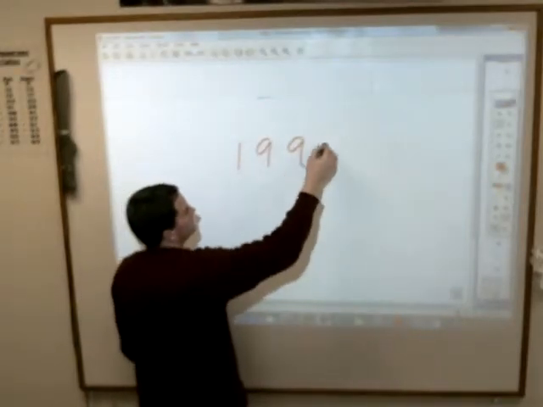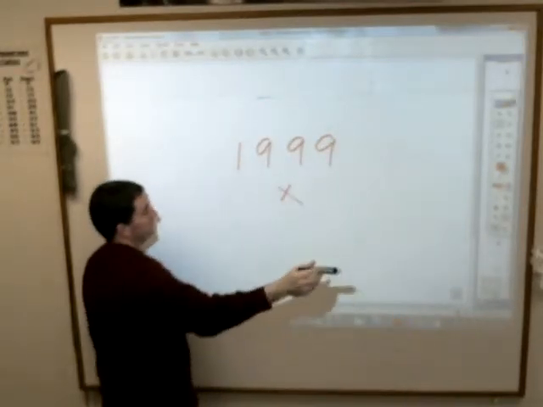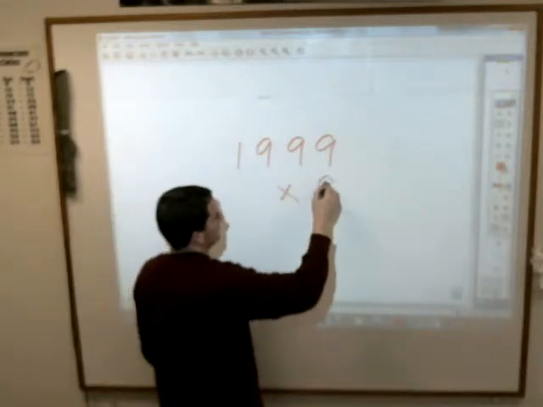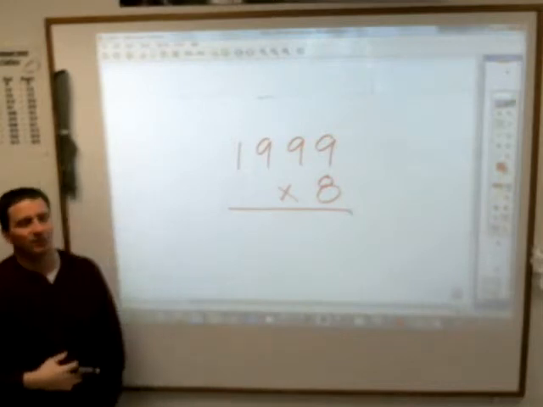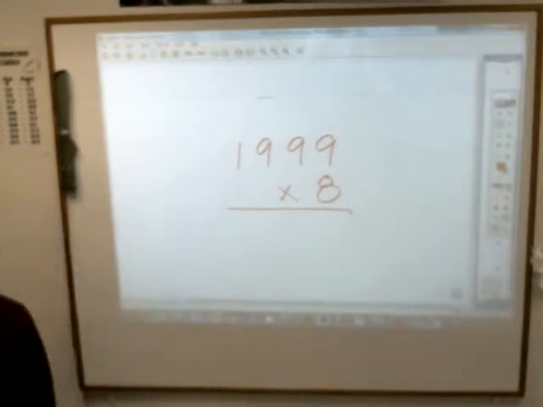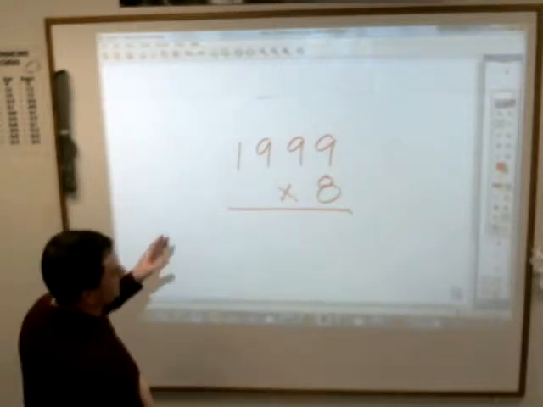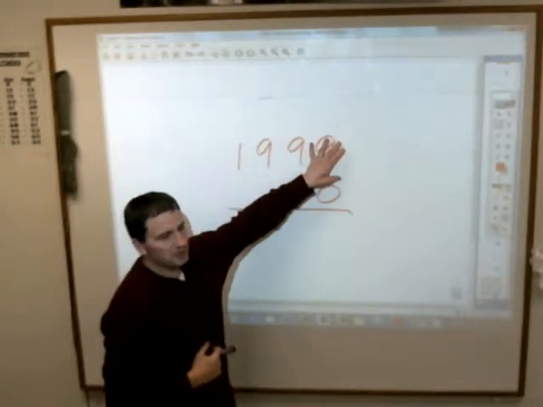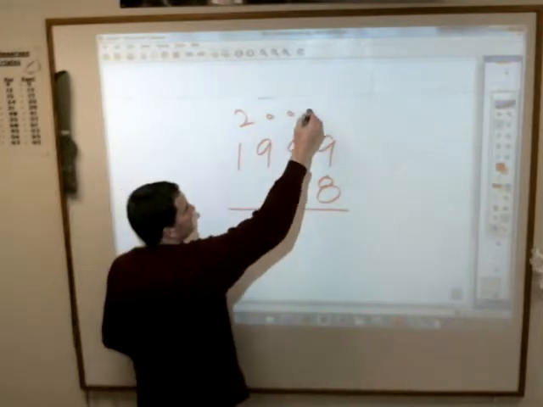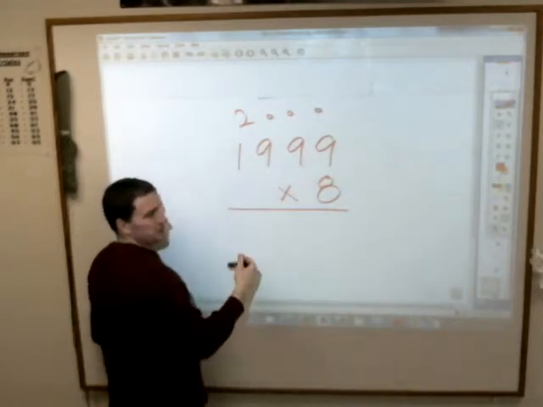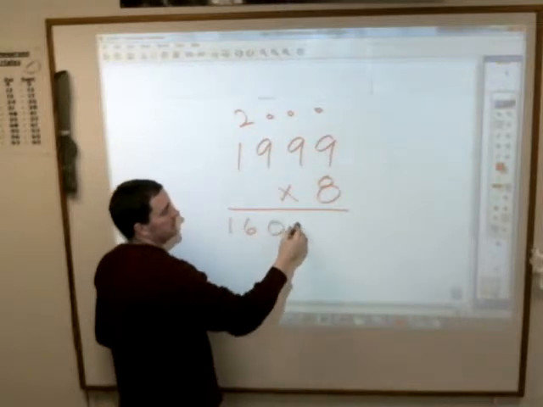Most people, if you look at a number like this, he makes a very good point, so we'll work with this. Most people, when they look at this, go, I don't want to do that problem because it's got a whole bunch of digits in it. But if you think about what Nick just said, since this number is only one away from 2,000, if you think about this as 2,000, 8 times 2,000 is 16,000.